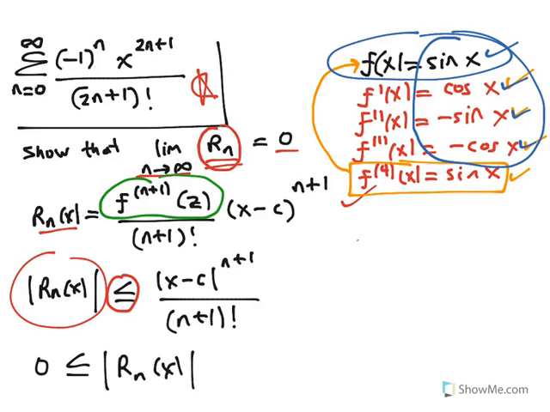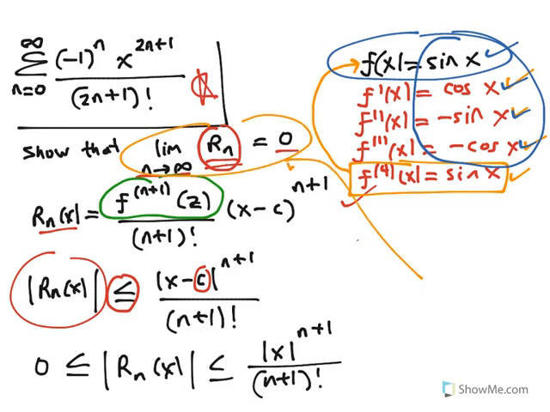And it is going to be less than or equal to this quantity here. And we know that c is equal to 0, so we're going to have the absolute value of x minus 0 to the n plus 1 power over n plus 1 factorial.